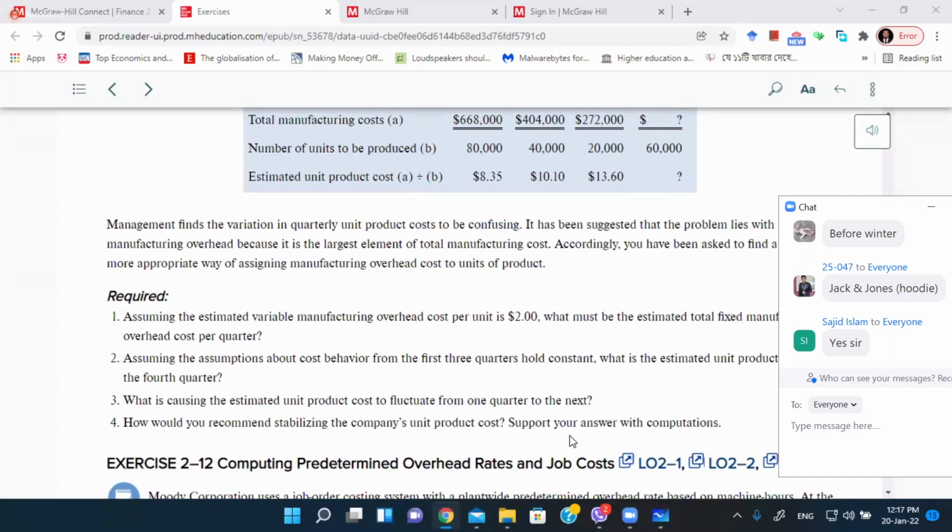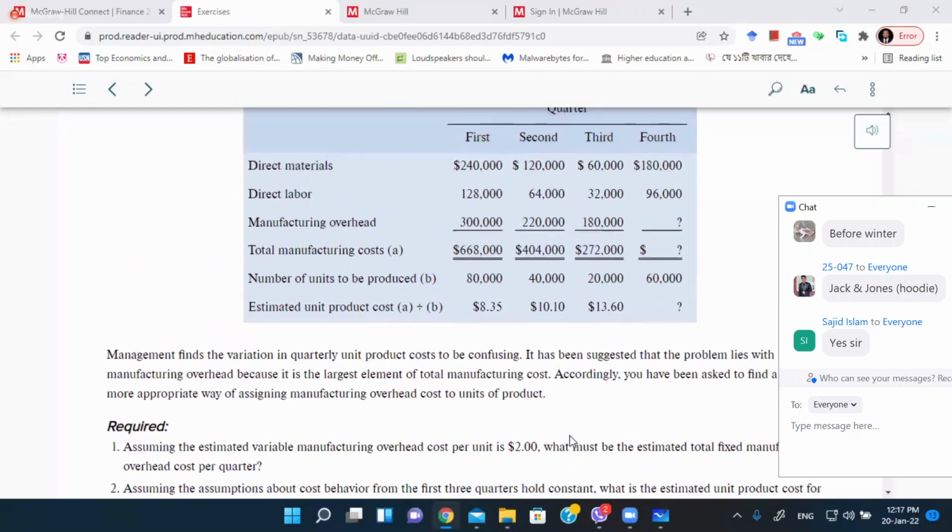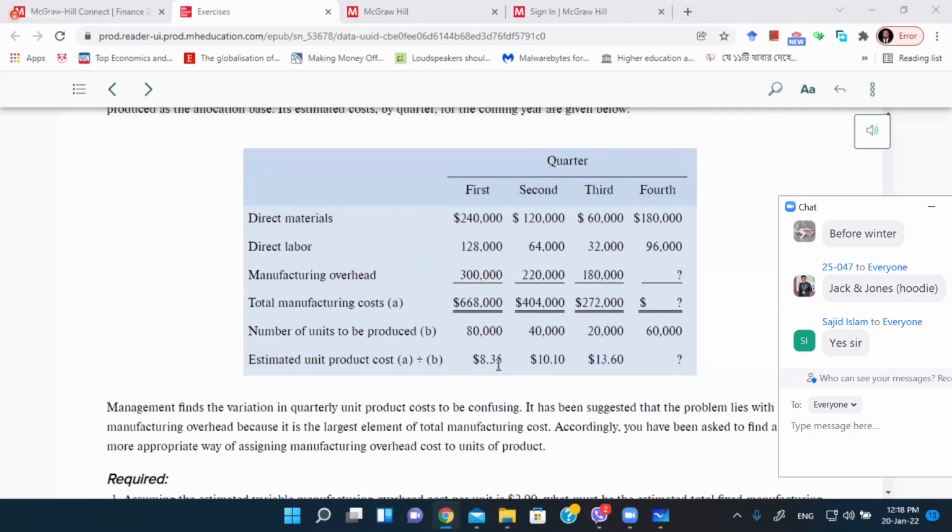So we have an idea of how many units will be produced in the total 4 quarters, or in a year. Do we have an idea? 80,000 in the first quarter, 40,000 in the second quarter, 20,000 in the third quarter, 60,000 in the fourth quarter.